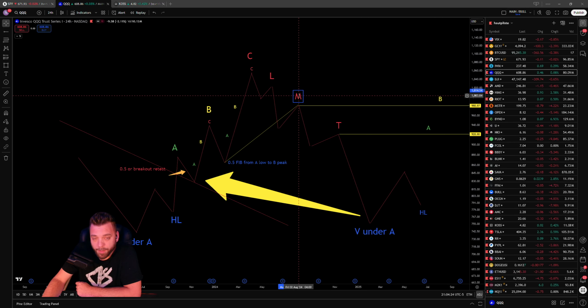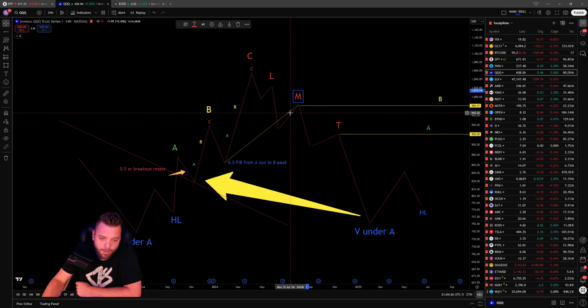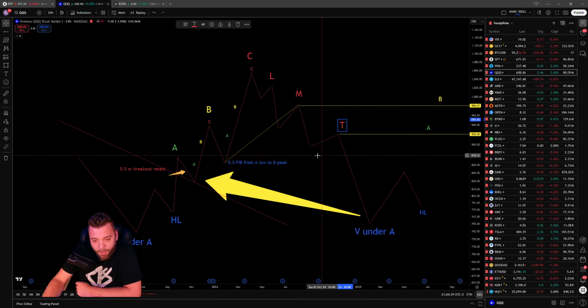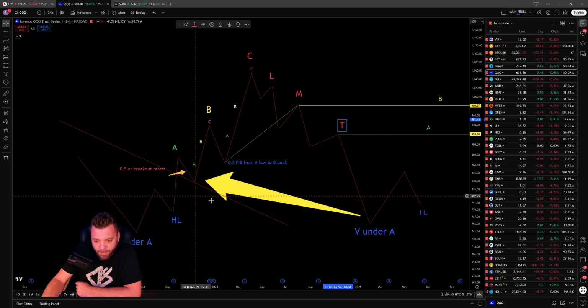Then you come up to your M again. You can make a line between the B bottom and the M line, and normally you jump on it, fall under it, reject it, till you reject the last time, then you fall to your T, and then to your BYND, and then everything repeats.